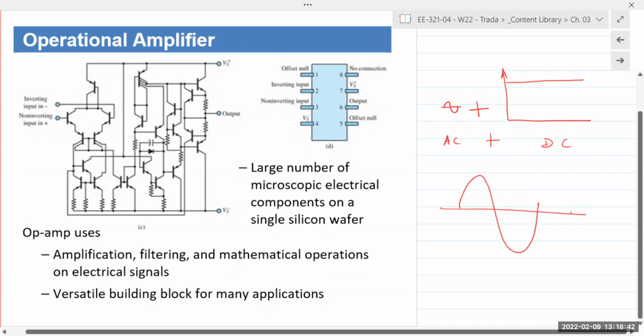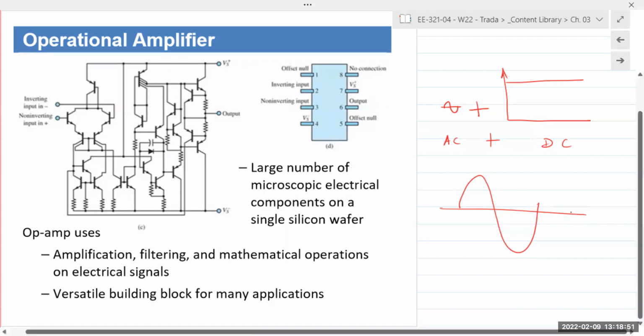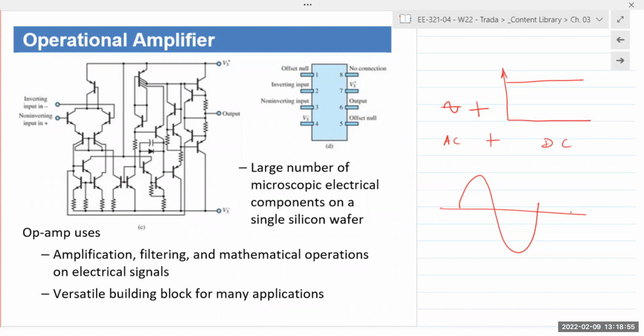And that's the point of amplification. You give a very small AC signal to the op-amp, it will take its power supply, combine it with the AC signal, give that power and energy to that AC signal, so you have a larger AC signal at the output. That's what it's doing.